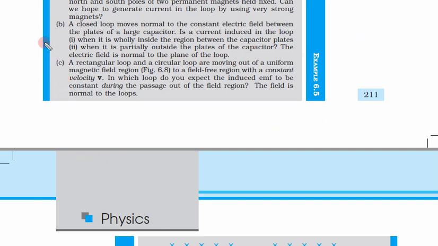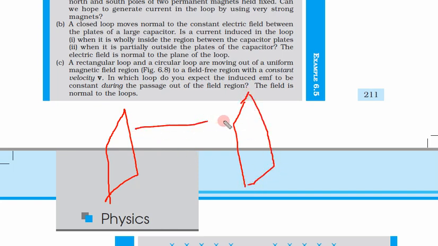In this problem we have two capacitor plates, and we know between capacitor plates we have an electric field. So this is the electric field, this is the positive plate, this is the negative plate.